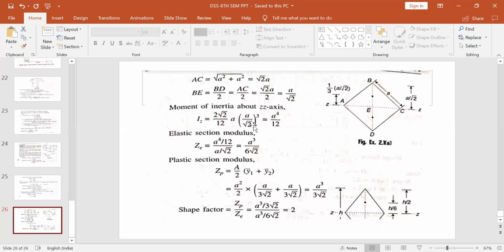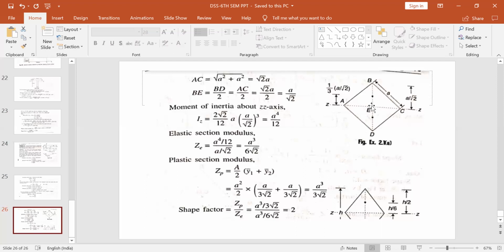Now find out the plastic section modulus. The plastic section modulus, again the axis will coincide here. So you need to find this distance y1 bar and this distance y2 bar. Both will be similar. Now for this triangle with base of root 2 A, and other two sides A and A, an isosceles right angle triangle, the centroid location is here.